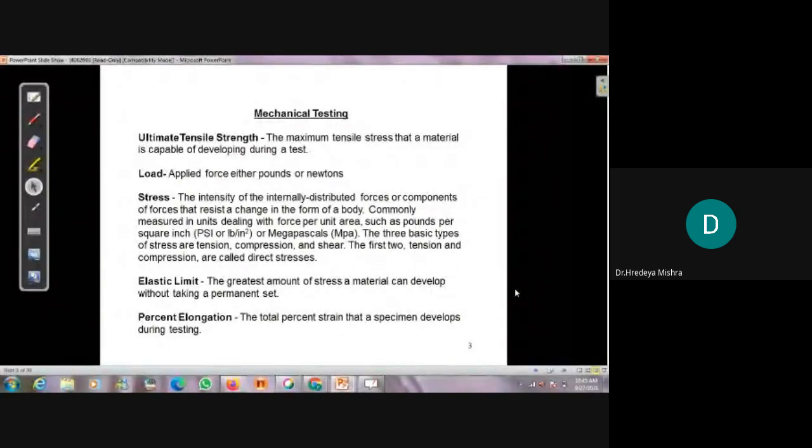Okay, load: applied load is in either pounds or Newtons.